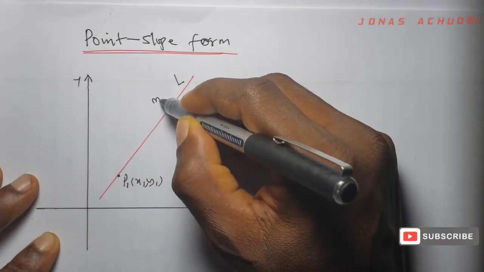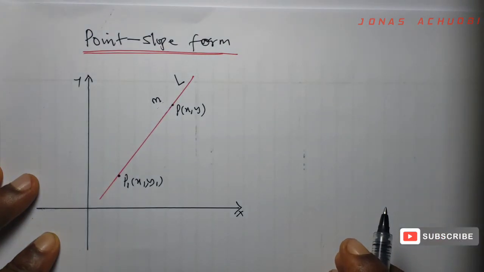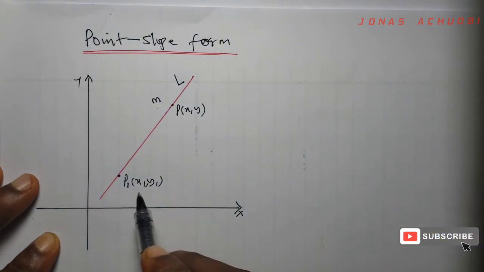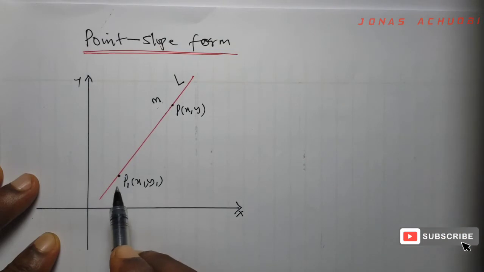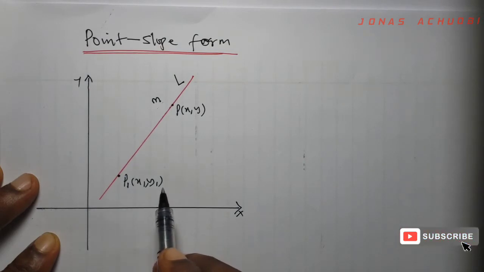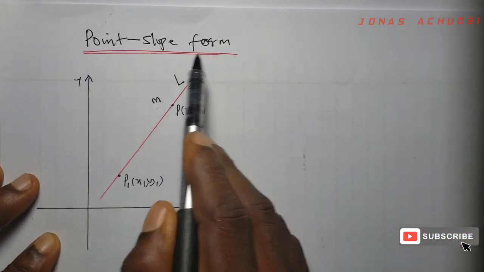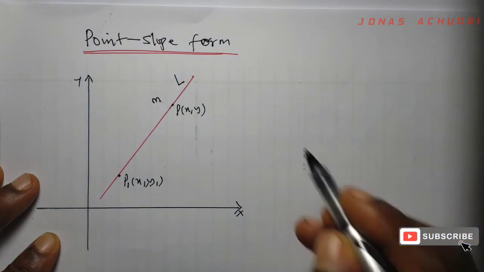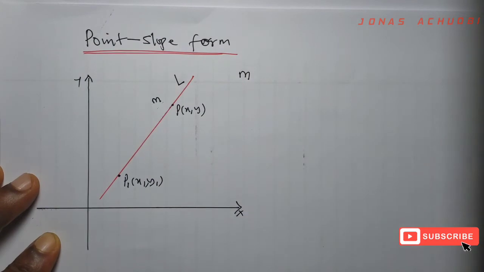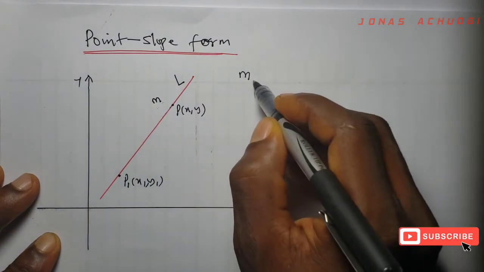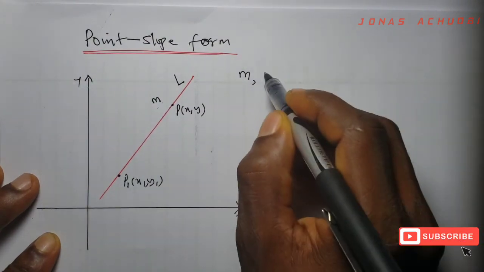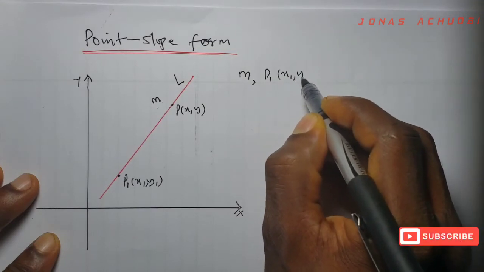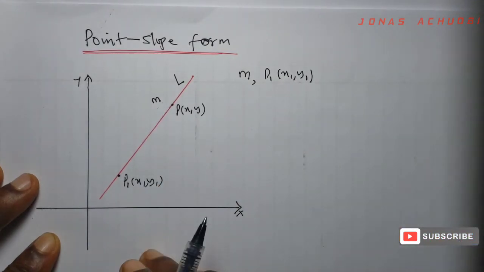Let's call the slope m of the line, and the coordinates (x1, y1) of a point P1 on the line. So for the point slope form equation of a straight line, we require just two things. One, we require to know the slope of the line m, and two, we require just a point P1 (x1, y1) on the straight line.